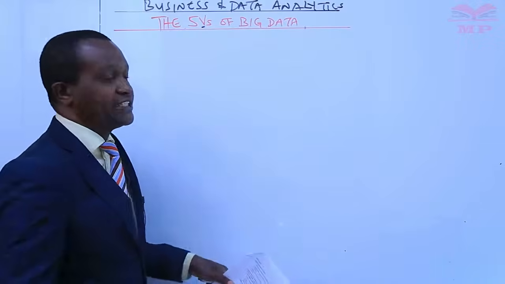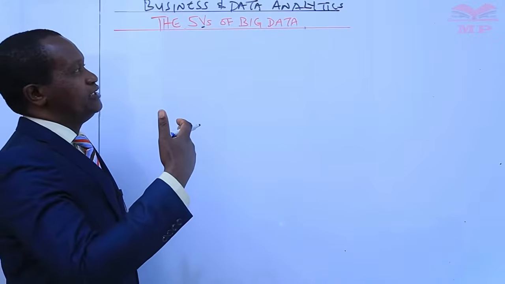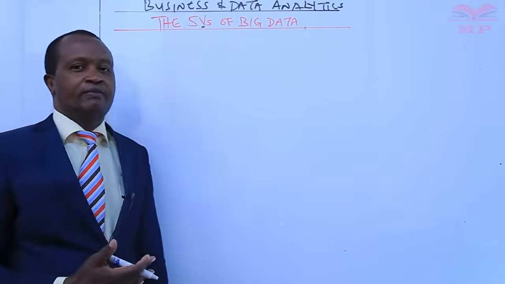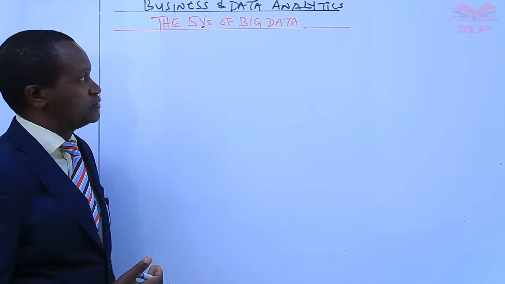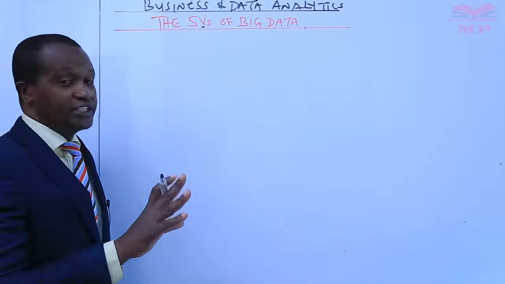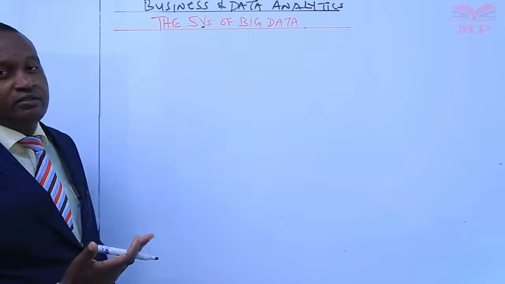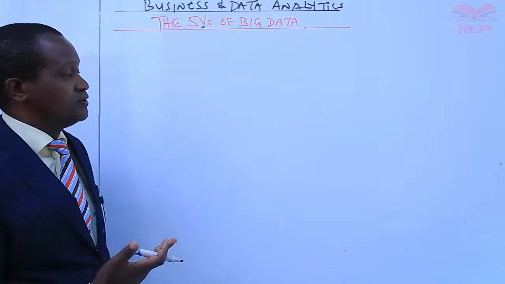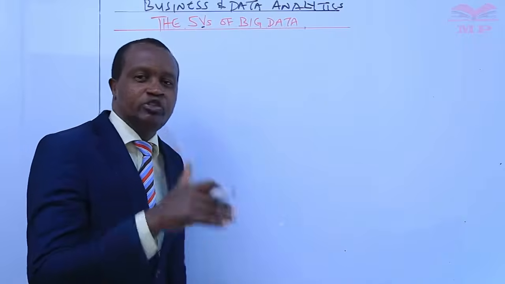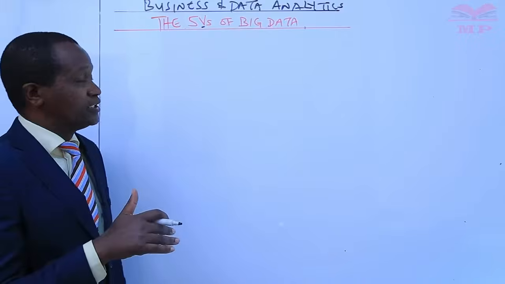So big data is a combination of unstructured data, semi-structured data, and structured data. Do you understand?